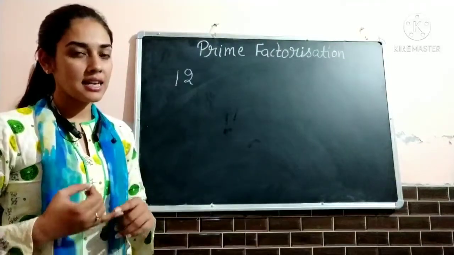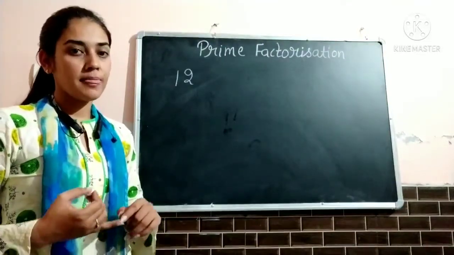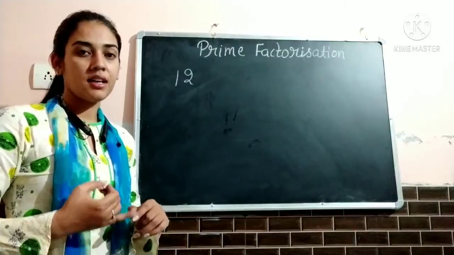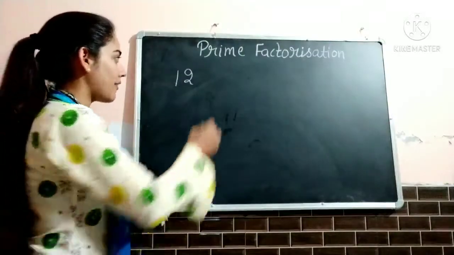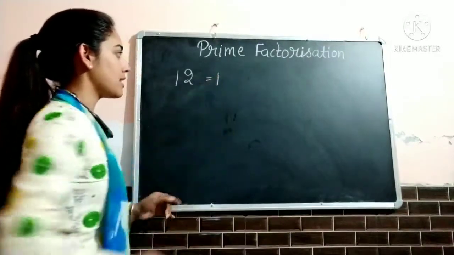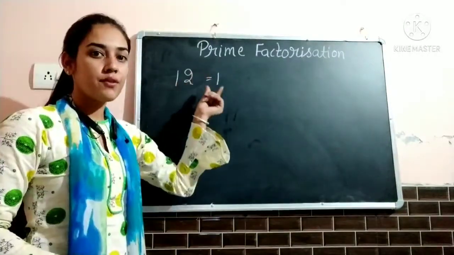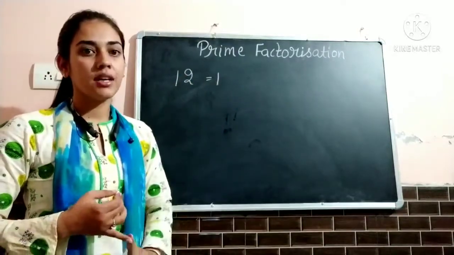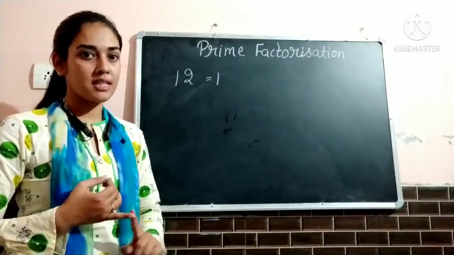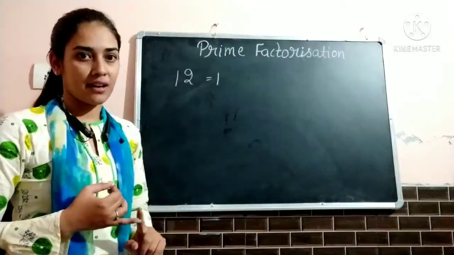As I said, a factor divides a number completely. If I say that 1 is a factor of 12, then yes, 1 is a factor of 12, because if you divide 12 by 1, the remainder is 0. So 1 is a factor of 12.